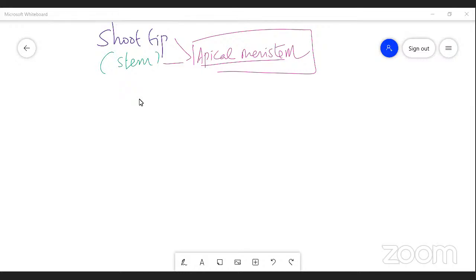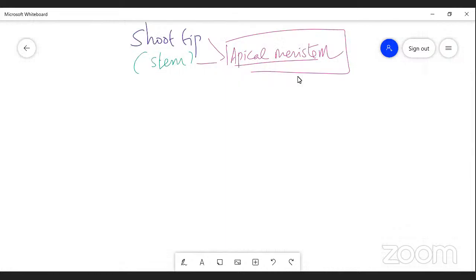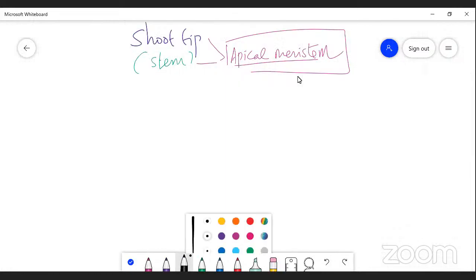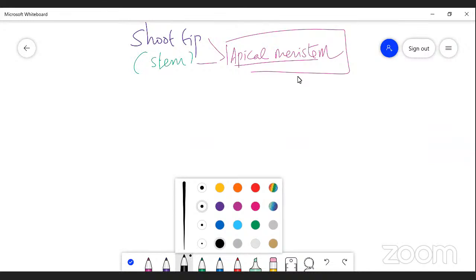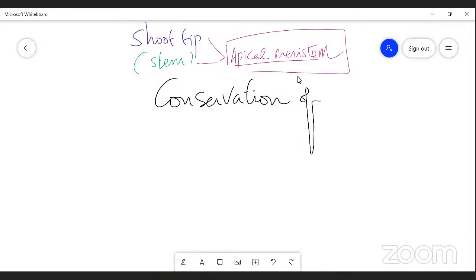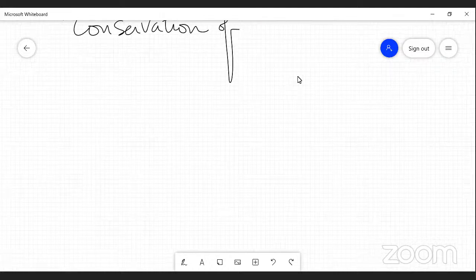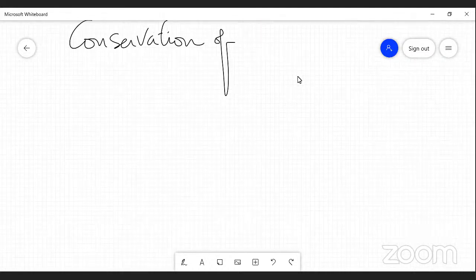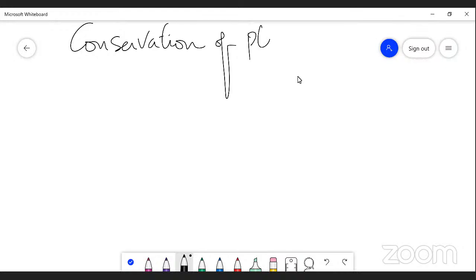Right. Next we pass on to conservation of plant genetic resource. That is a very interesting topic.